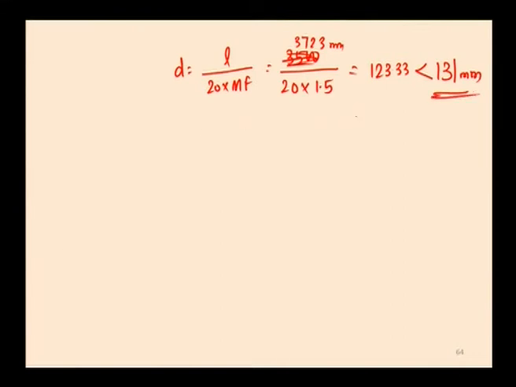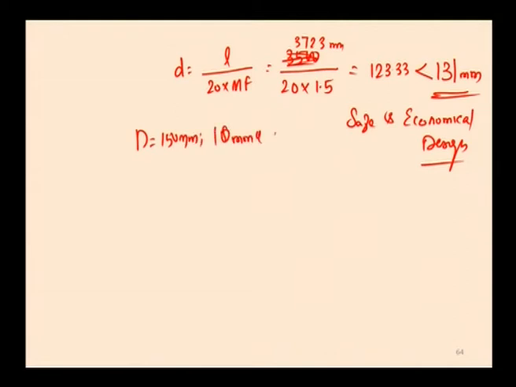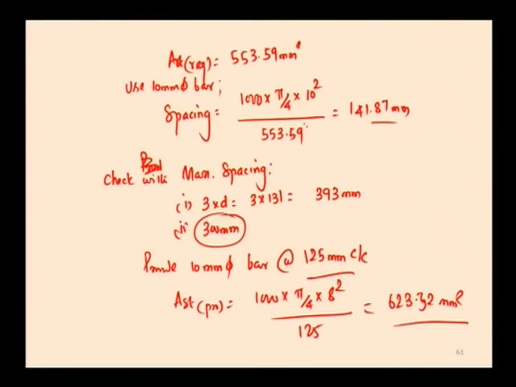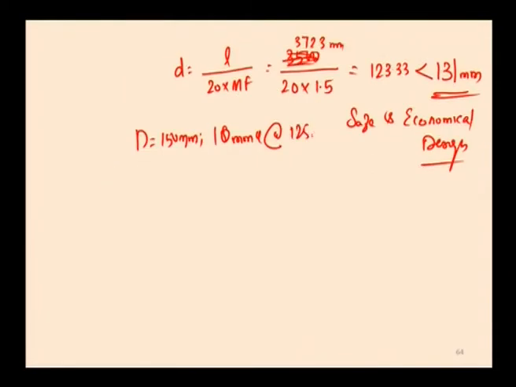So, it is a safe and economical design. So, D is equal to 150 mm and mild steel is 10 mm diameter bar at 125 mm center to center, and the distribution steel is 6 mm dia at 150 mm center to center.